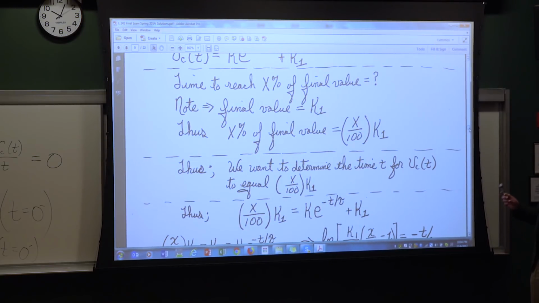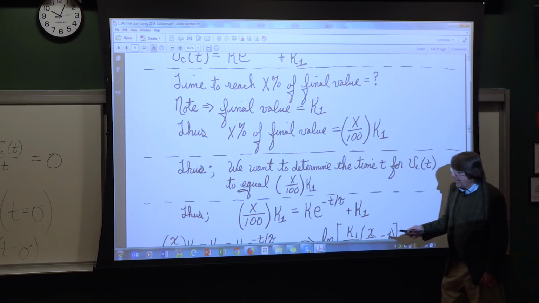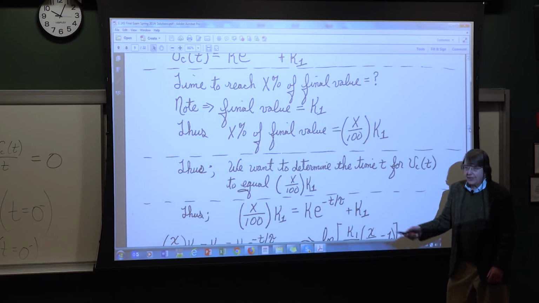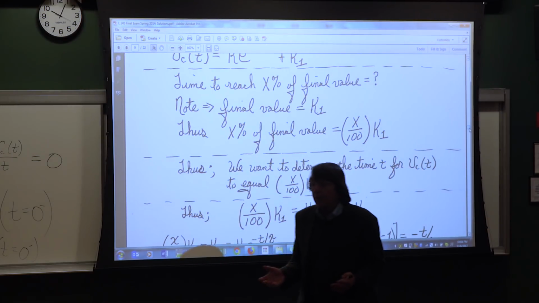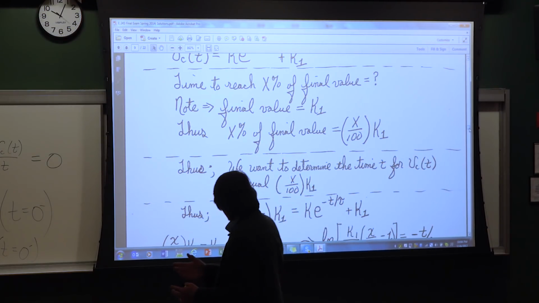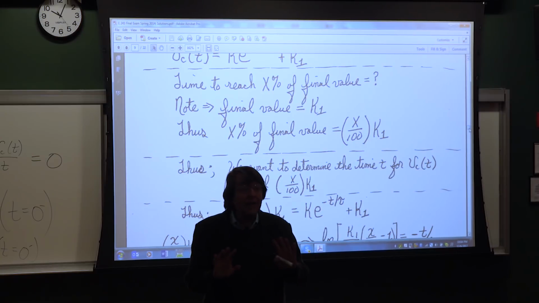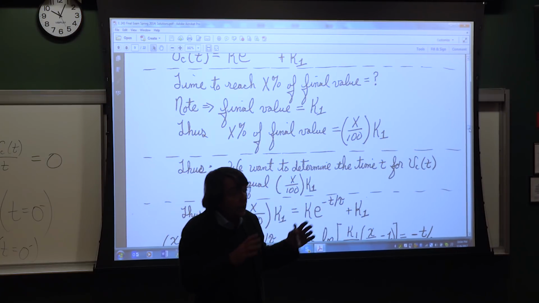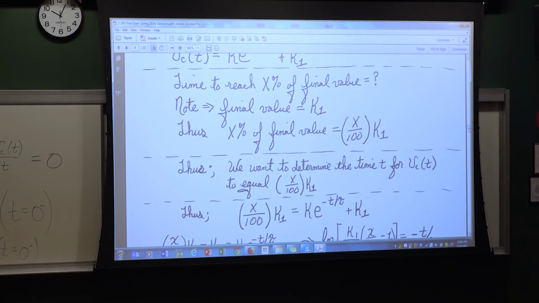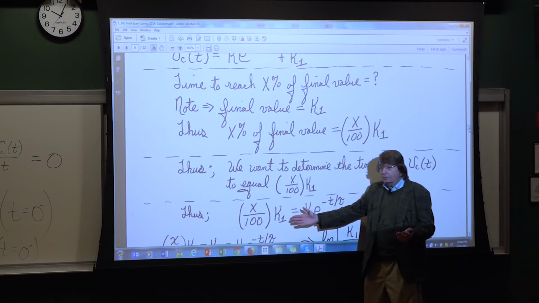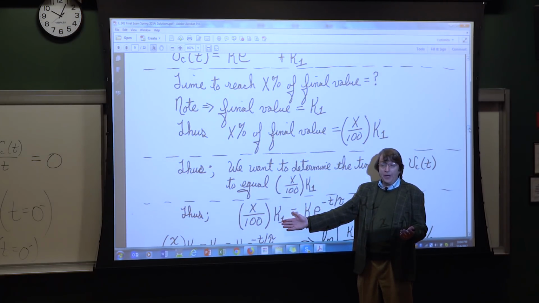For example, we typically, not always, would choose X to be 90%. So how long does it take to get to 90% of the final answer? This would then be 90 over 100, or 0.9 times K1. So now that becomes this side of the equation.